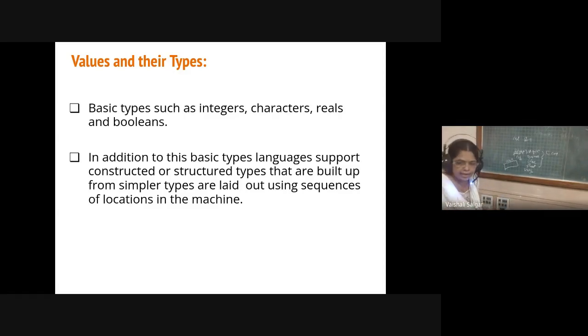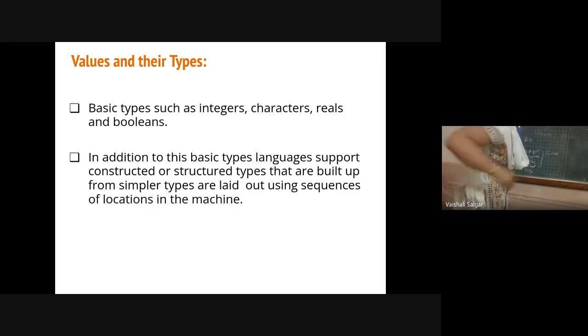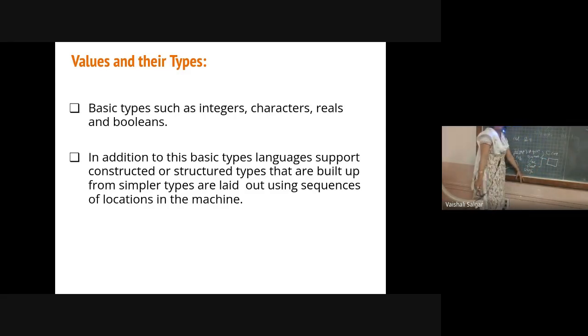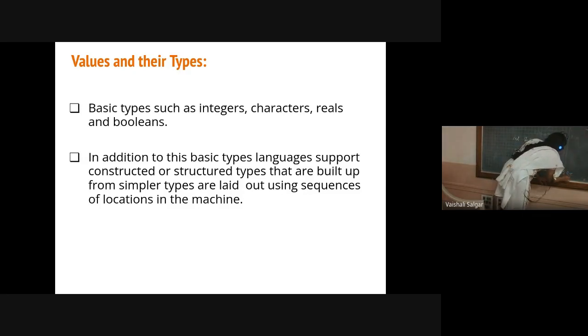And when I am saying boolean, how much memory will be allocated to boolean? For character, as you mentioned, 8 bits or 1 byte. So 2 raised to 8, it will be 256.